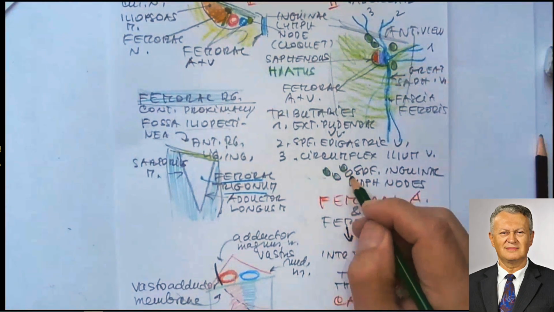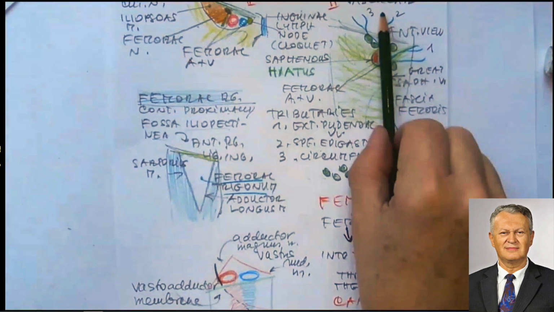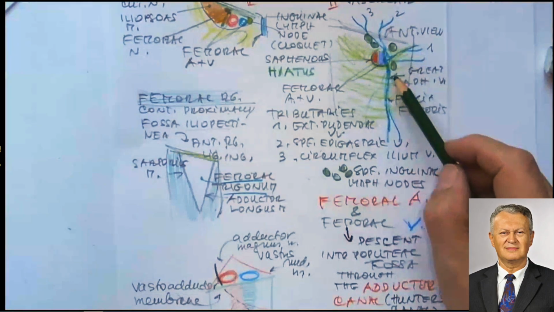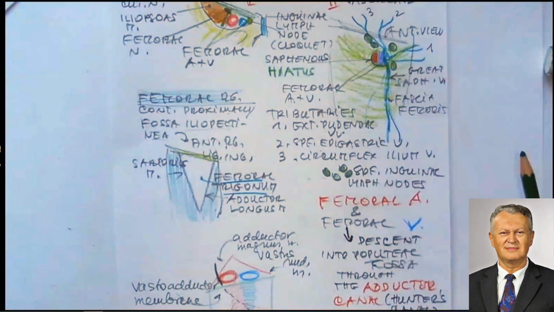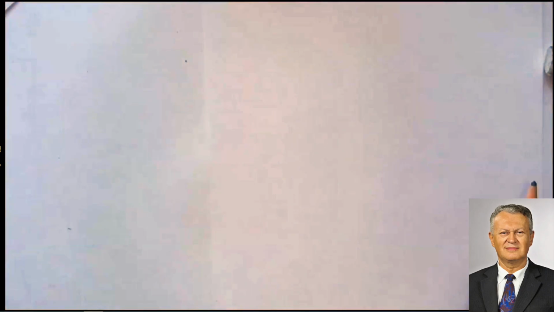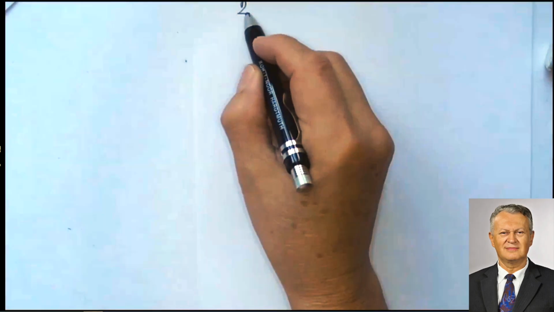They are arranged into some groups. The clinicians also divide them into medial, lateral, superior and inferior groups, but in fact all of them are superficial, and the deep ones are situated alongside the arteries. So here would be the deep ones. This is absolutely sufficient. So this was the first region, anterior femoral, and this was 2A.